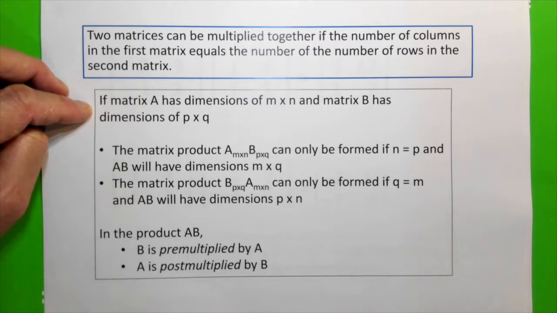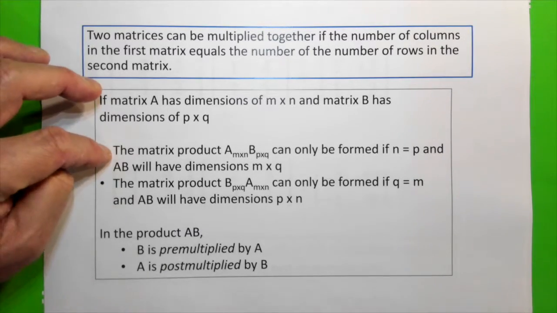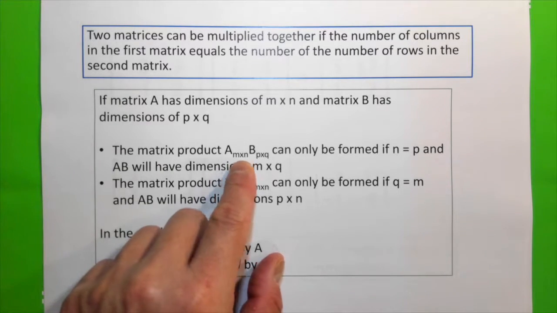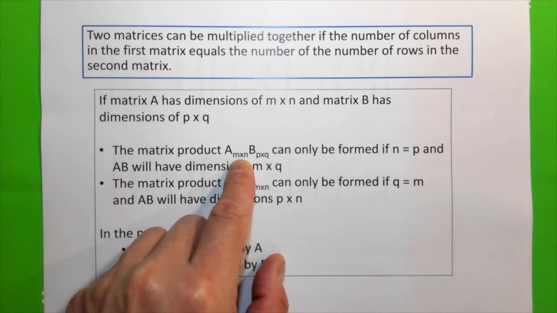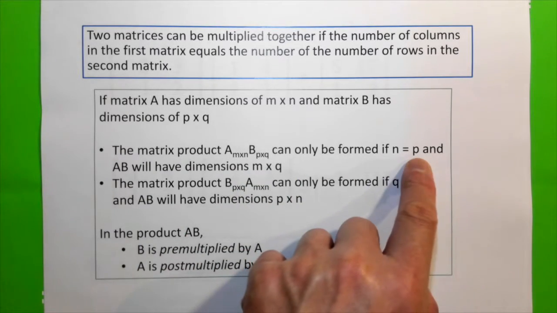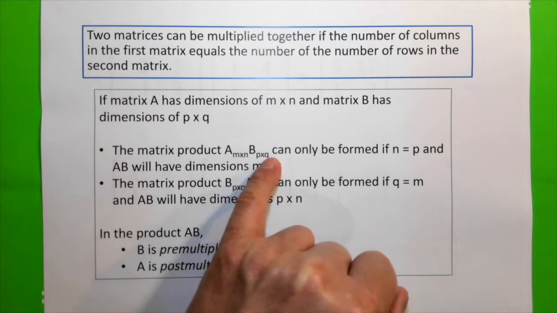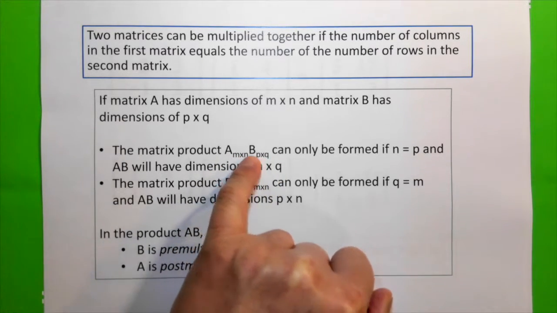Now, if matrix A has dimension of m times n and matrix B has dimension of p times q, the matrix product AB, which is the m times n matrix and the p times q matrix, can only be formed if n equals p. And AB will have the dimension of m times q. So n and p will have disappeared.